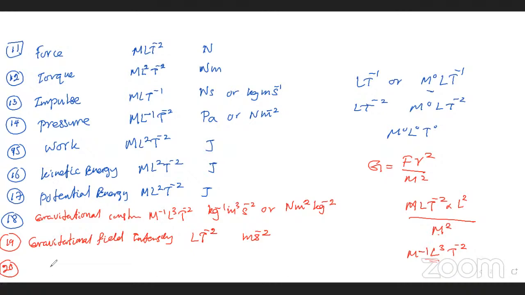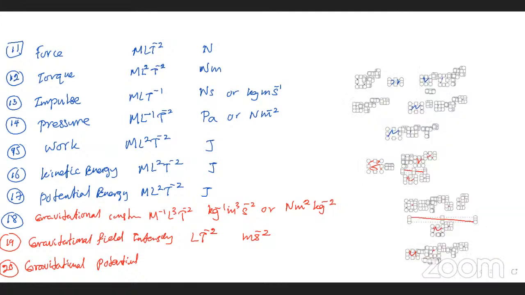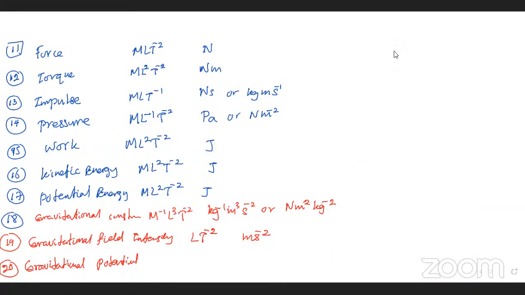20th one, gravitational potential. That's work done divided by mass. Gravitational potential, I will write V. It equals the work done divided by the mass.